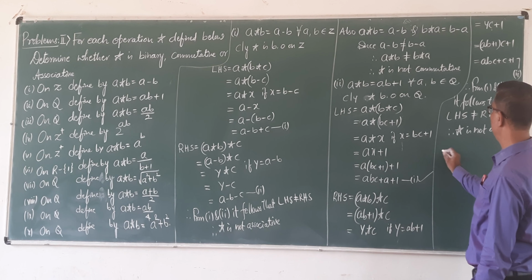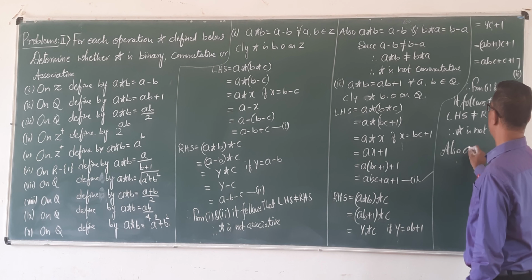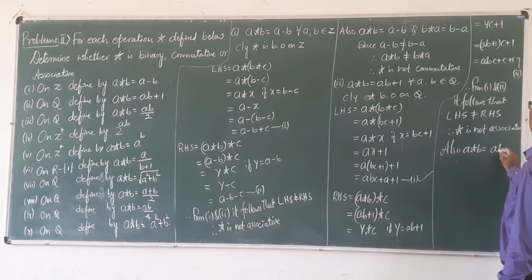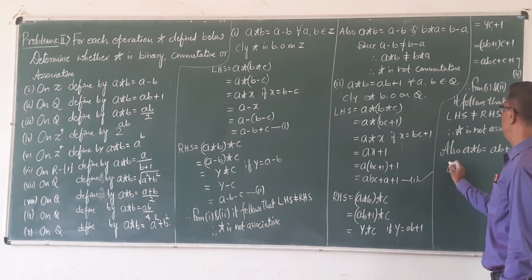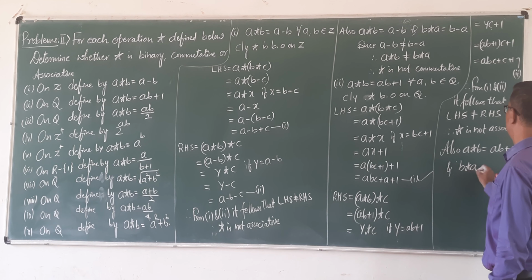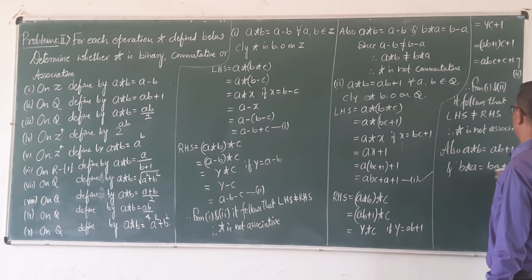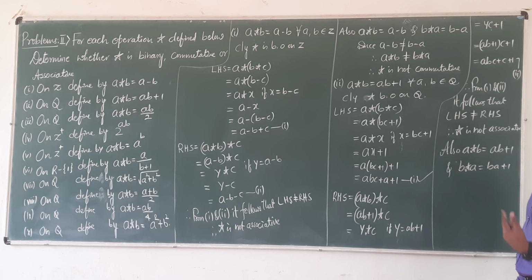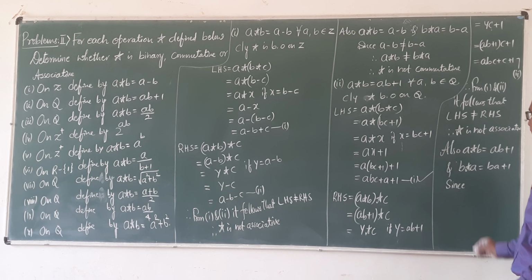Is it commutative? Also the commutative property: a star b is equal to b star a. What is a star b? ab plus 1. And what is b star a? ba plus 1. Right? As you know, 2 into 3 is the same as 3 into 2, 5 into 4 is the same as 4 into 5, 7 into 8 is the same as 8 into 7.